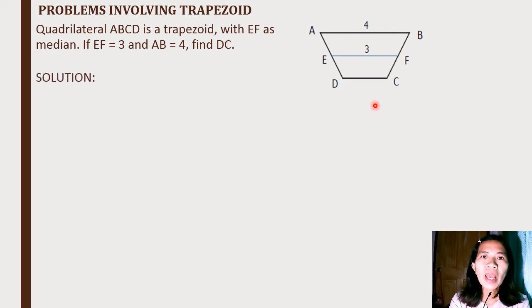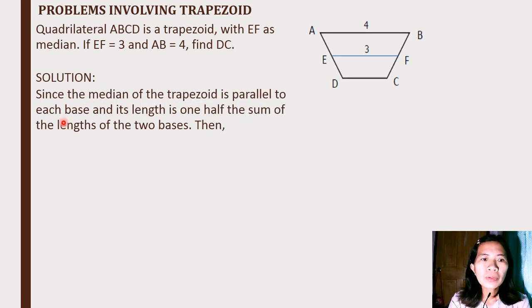Now, we have this solution. Since the median of a trapezoid is parallel to each base and its length is 1/2 of the sum of the lengths of the two bases, we have this formula: 1/2 of AB plus DC is equal to segment EF.